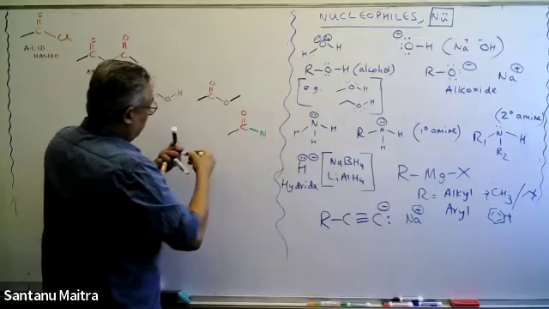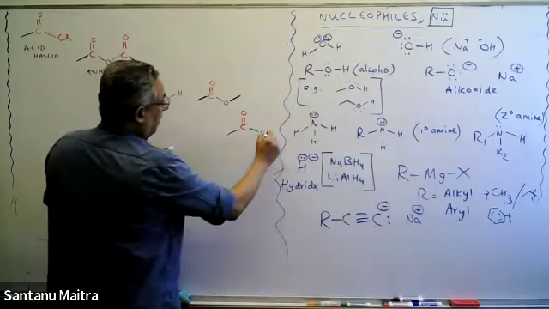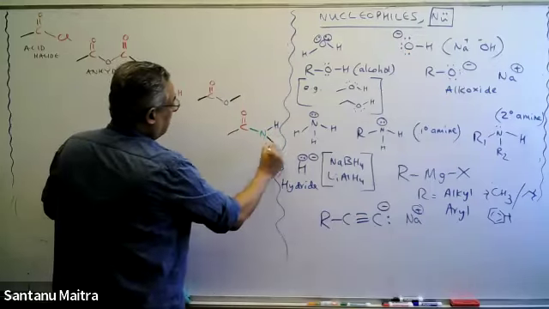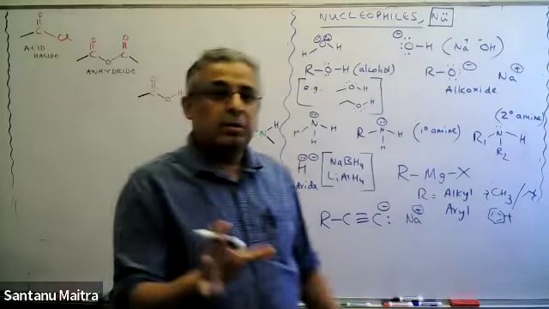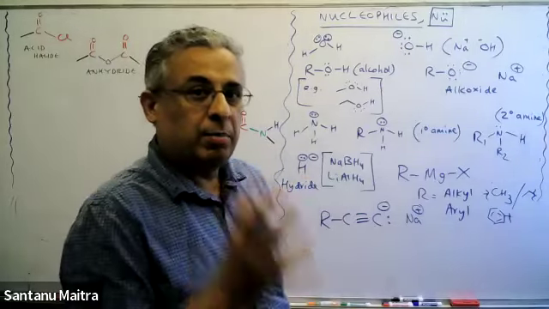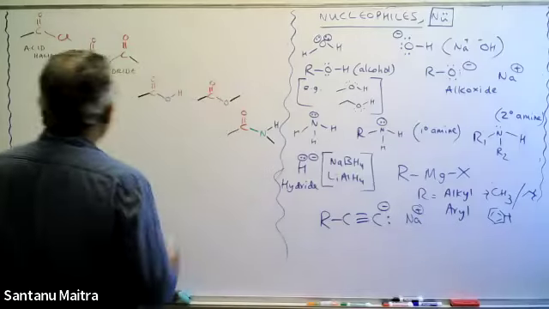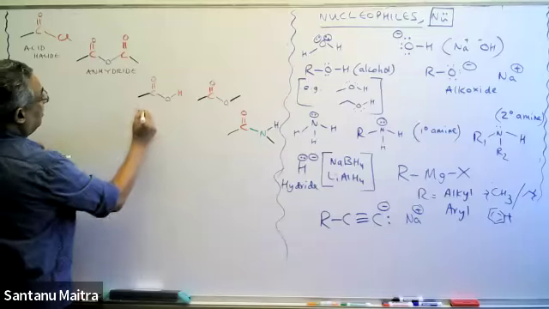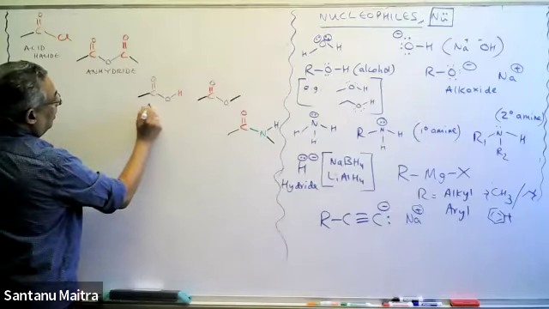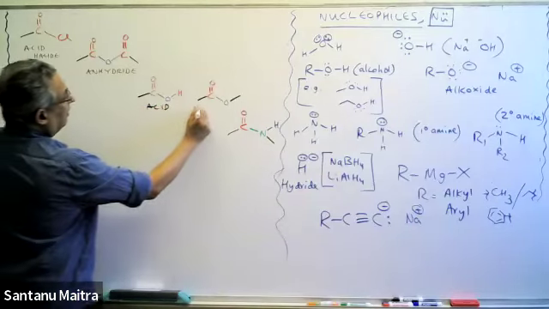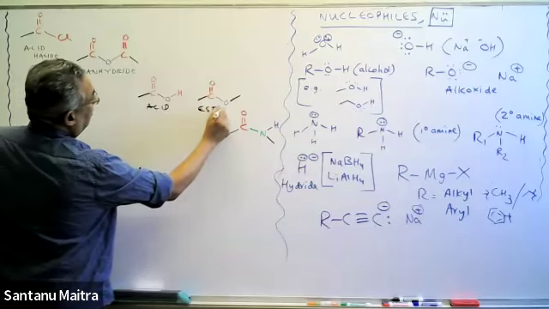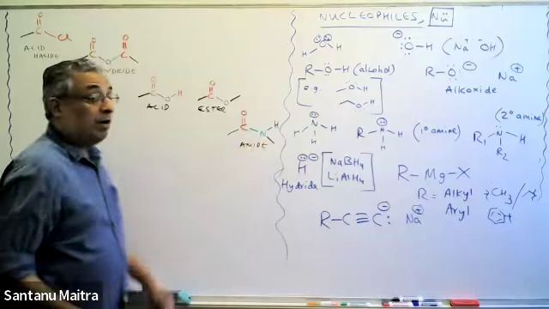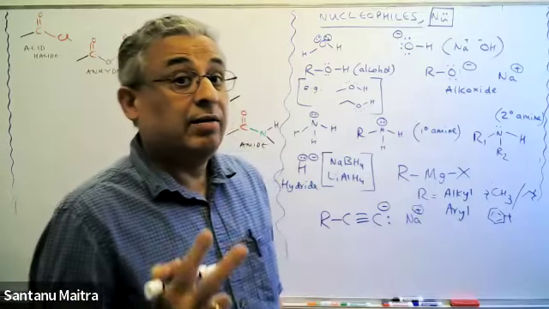I'll keep one hydrogen and one methyl because this is going to be similar to amino acid coupling with another amino acid. So acid halide, anhydride, carboxylic acid, ester, and amide. If I ask you what kind of amide it is, secondary amide.